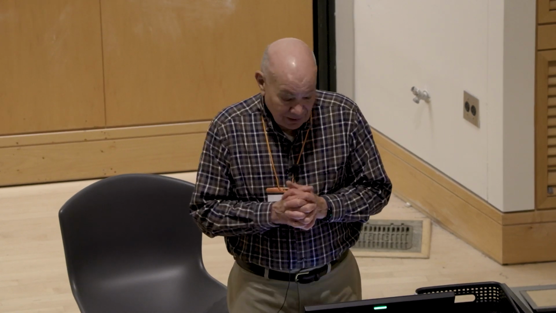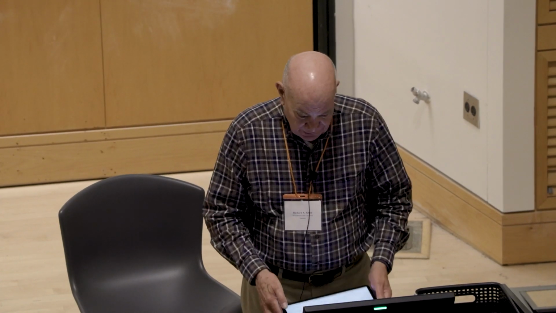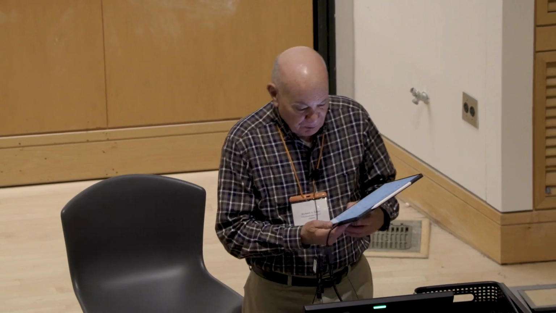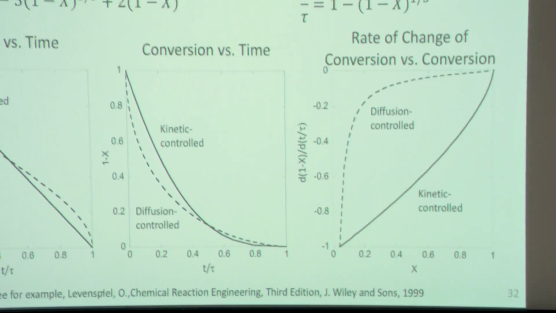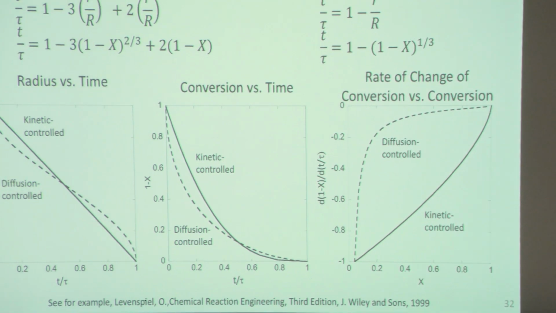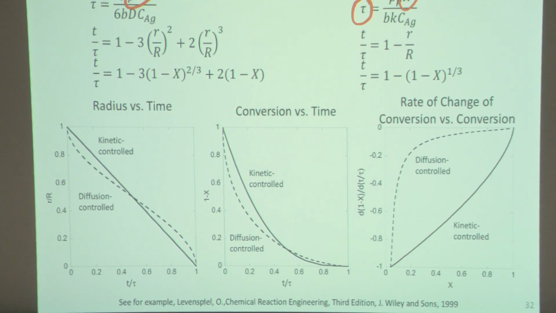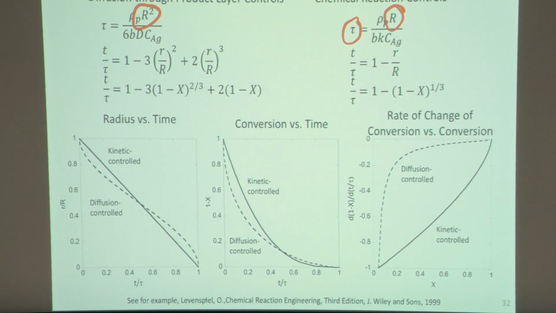So then you can start seeing, well, potentially, even though the particle's very small, I could have diffusion-controlled processes across that oxide layer. And if that's the case, if you take a look at this bottom right plot, another thing to think about, what is plotted here is essentially the conversion versus the conversion rate.